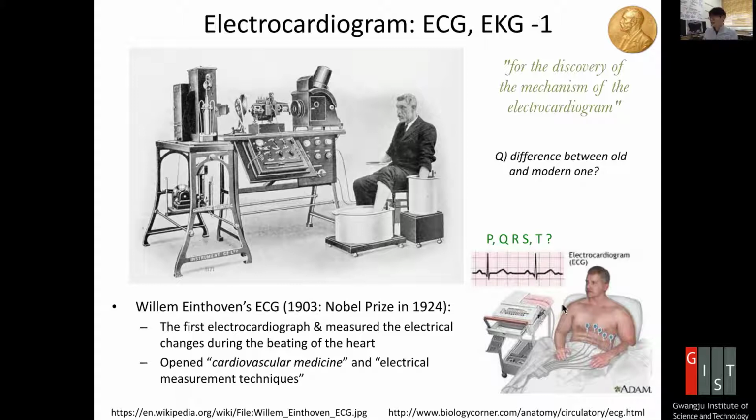And the shape of the electrocardiogram is not that different. People named it P, QRS, T, something like this pattern. So the difference is the size, and in the past, people used a salt water bath to immerse, because this is electrically conductive water, while nowadays we can just attach electrodes in a simple way.